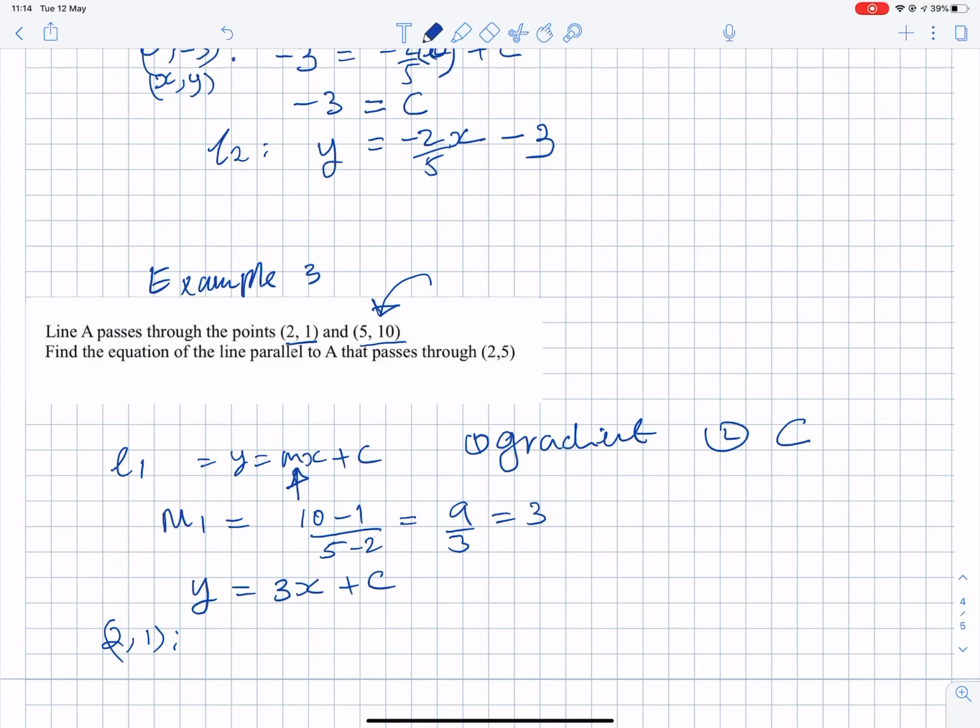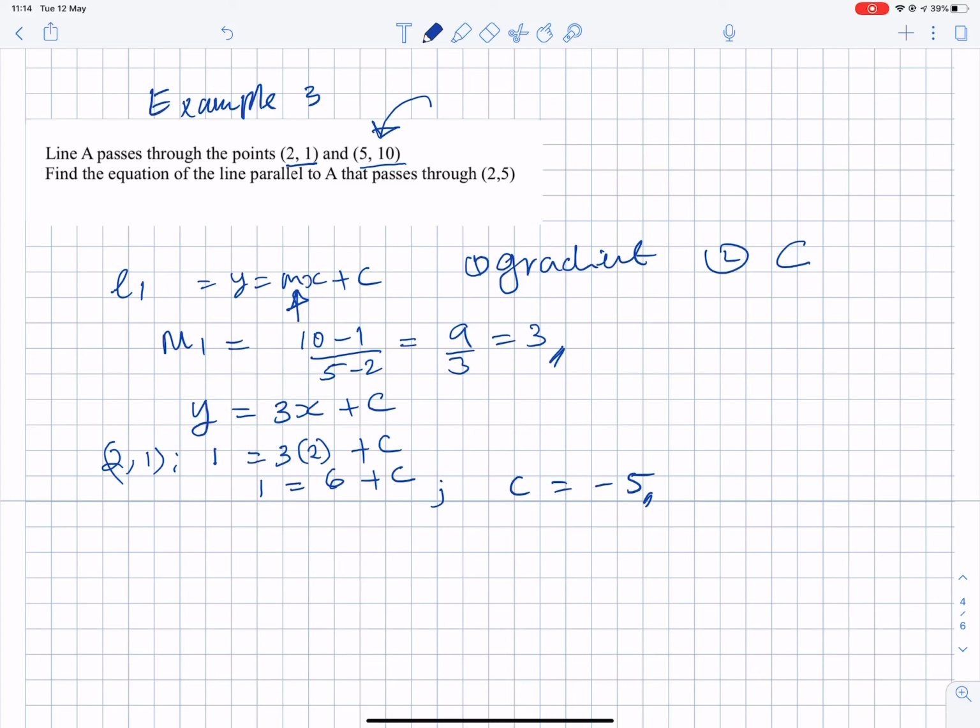Y is 1, so I will substitute that in. 1 equals 3 times 2, x is 2, plus c. So that will give you 1 equals 6 plus c. If you solve that, you will get c equals negative 5. Well, I can now write my first line. I do have the gradient, which is 3, and I have the y-intercept. So line A is going to be y equals 3x minus 5.